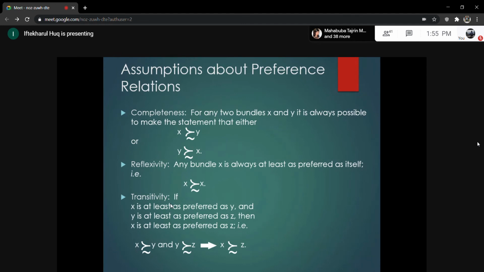If it is strict preference, what will the statements be? When X and Y are given to me, I will say X is more preferred than Y. When Y and Z are given to me, I will say Y is more preferred than Z. Now, can you make a ranking of these three bundles? Can you see the ranking? Which one is my most preferred bundle among X, Y, Z? X. Which one is my least preferred bundle? Z.